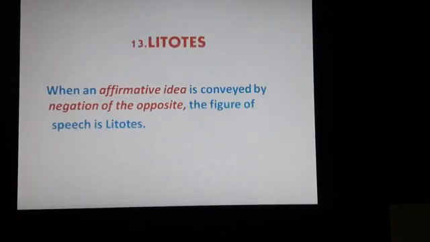Next one is your litotes. When an affirmative idea is conveyed by negation of the opposite, the figure of speech is litotes. You have to remember, it's very easy to identify. A negative word like no or not will be there, but it will be conveying a positive meaning or affirmative idea. We call it litotes.